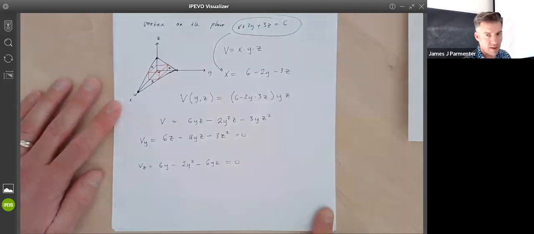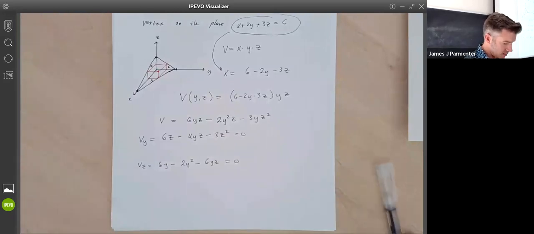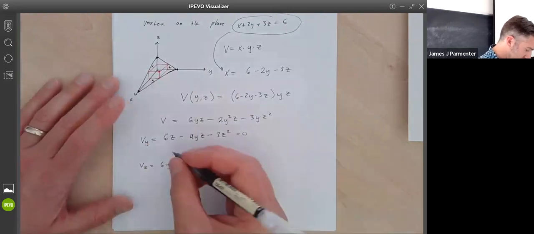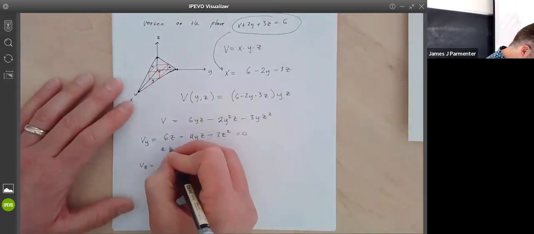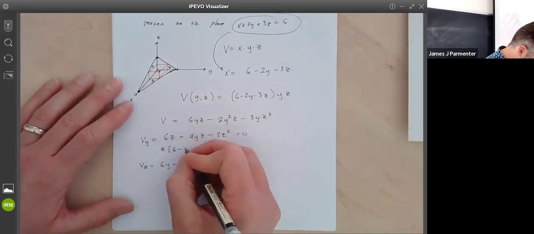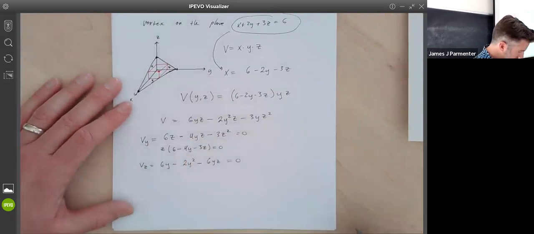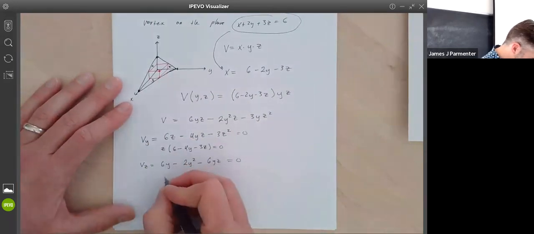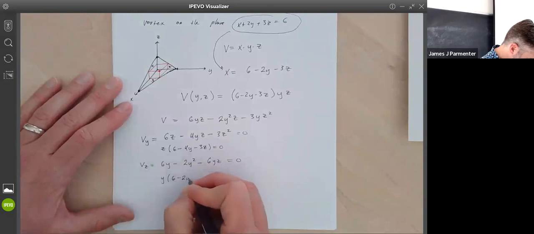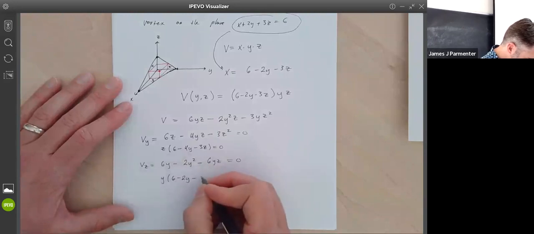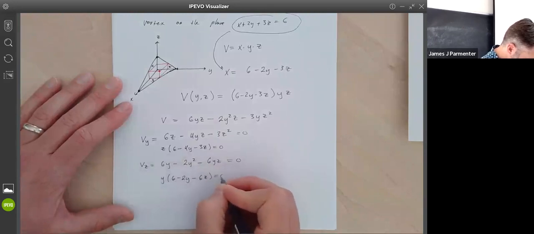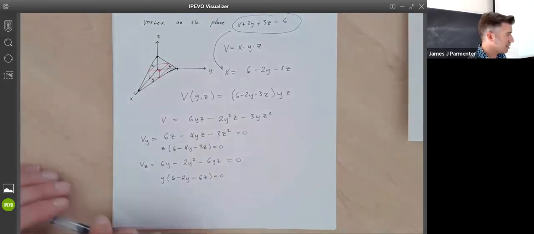The thing to notice about these particular equations is we can factor out a variable from each of them. From the first one, we can factor out a Z and say that Z times (6 minus 4Y minus 3Z) equals 0. In the same way, here we can factor out a Y to get Y times (6 minus 2Y minus 6Z) equals 0.